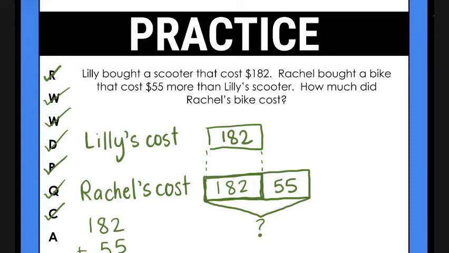And now let's solve for our answer. And our ones, 2 ones plus 5 ones equals 7 ones. And our tens, 8 tens plus 5 tens equals 13 tens. So I'll put my 3 tens down, but then I'll take my 100 and regroup it. 1 plus 1 equals 2. So I have my answer, it's 237, and now let's write our sentence.